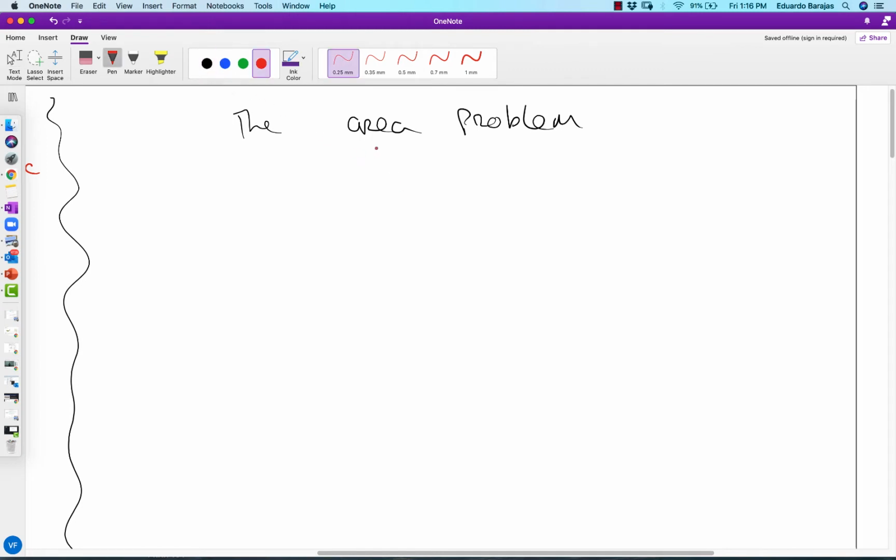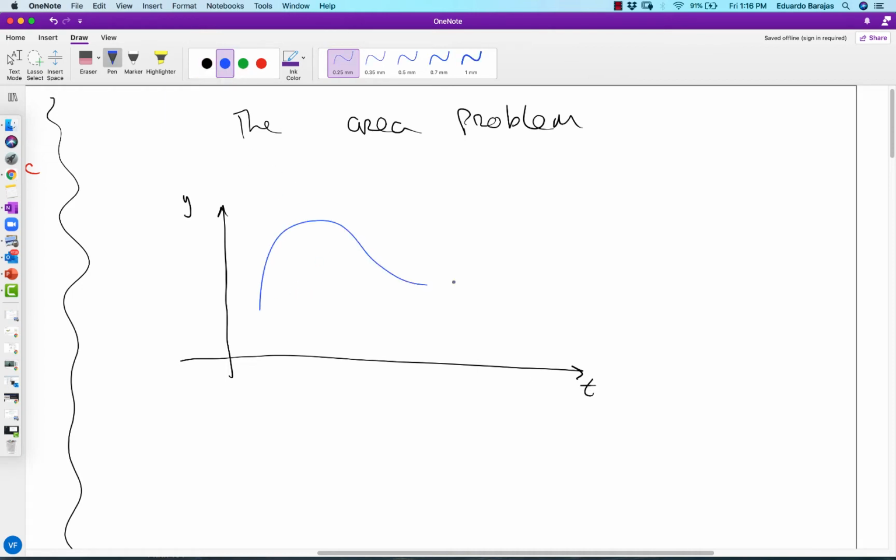So then we switched over to something called the area problem. In the area problem, we thought, okay, what if we had a function that looked like this. We have some y there, and again, I want to save the x. So let's make that the t-axis again. And let's say we had some function here, like that. I don't know, some f of t. Let's make some nice assumptions about f of t.